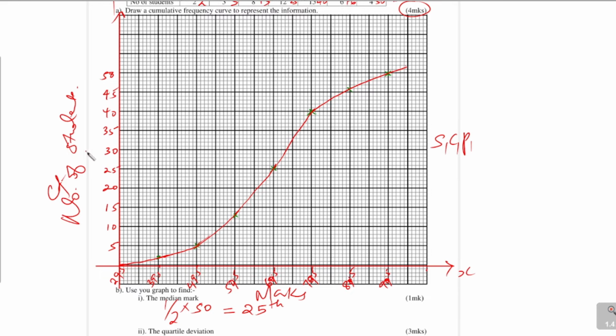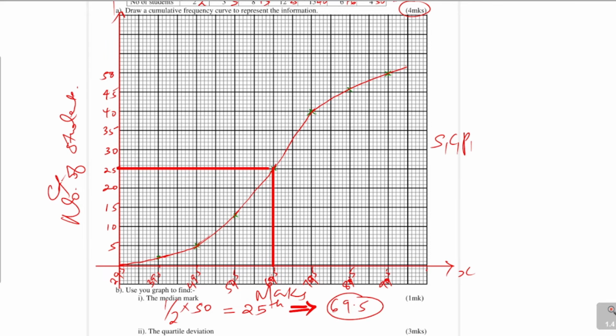Draw a straight line from the 25th student up to the point where it touches the curve, then straight down, and this will give the solution. And this one gives 69.5. So the median is 69.5.